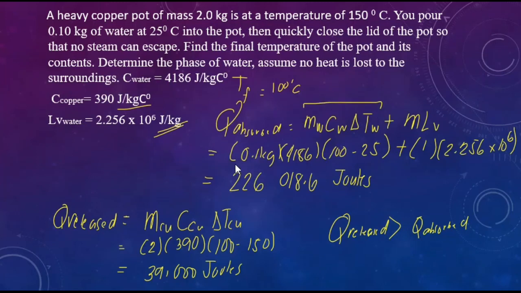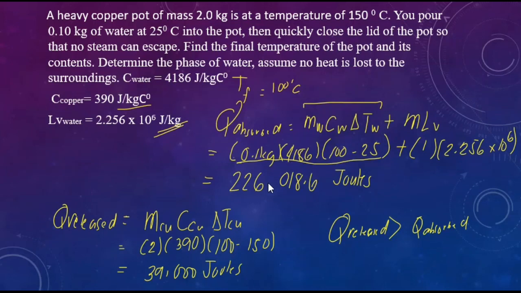This value, 0.1 kilogram times 4186 times 75. If we are going to solve this one, try to solve it using your calculator. Try to solve this term first: 0.1 times 4186 times 100 minus 25, that will give you 31,395.